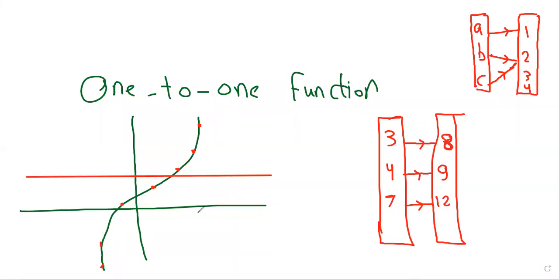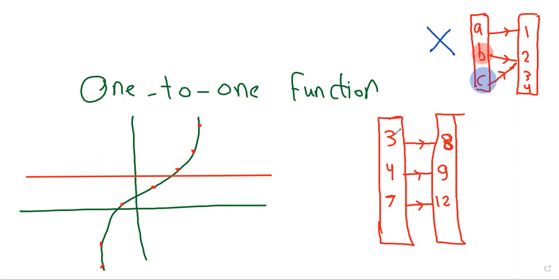If we have two elements in the domain, for instance B and C, and B has 2 as an image and C has 2 as an image, then two elements in the domain have the same image. So this function is not one-to-one.